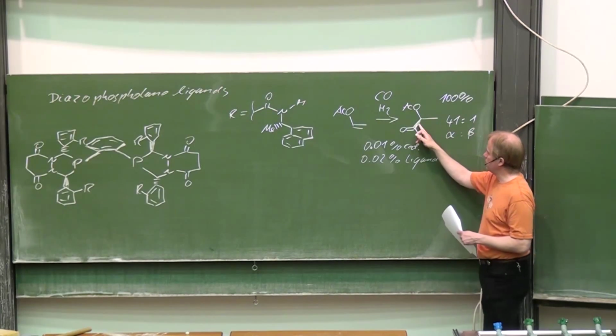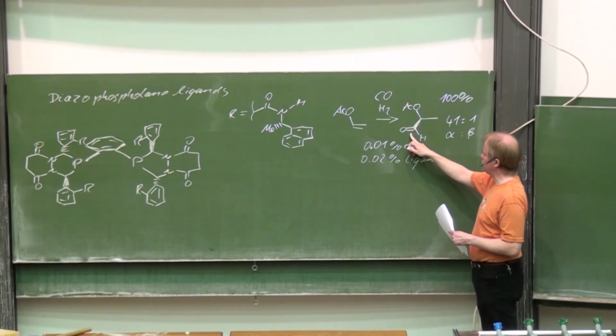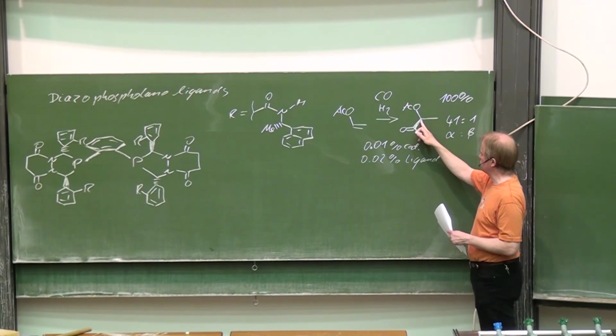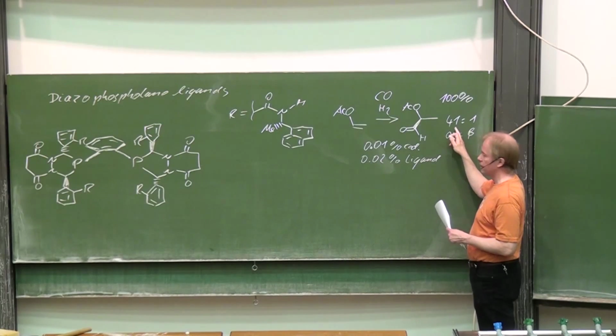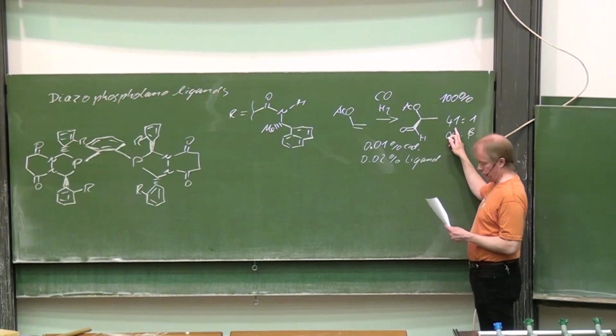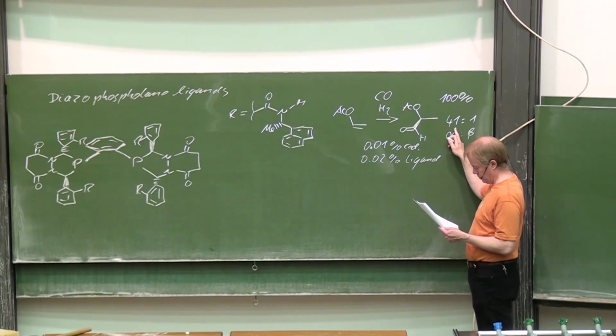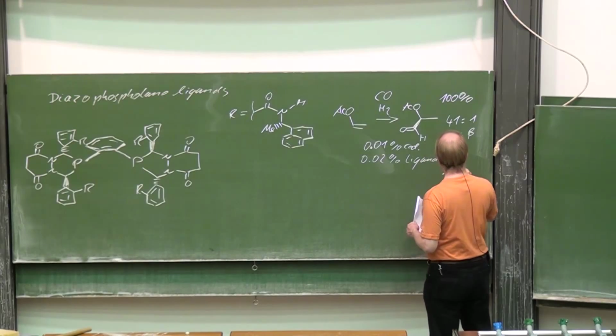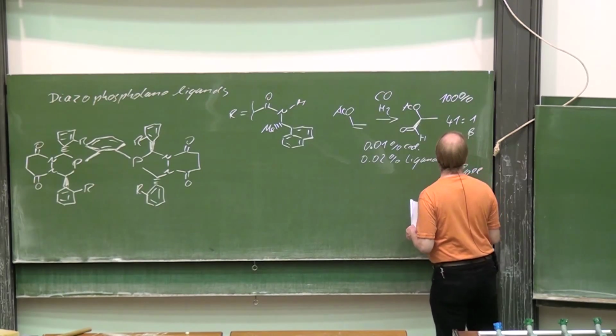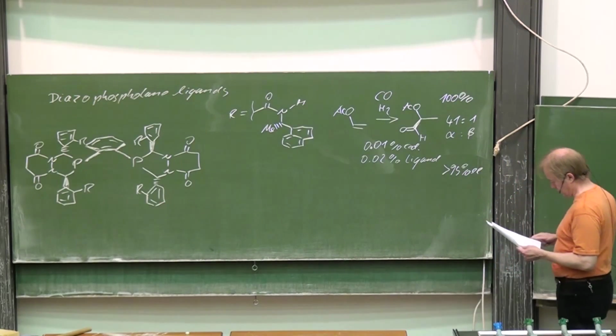So the alpha carbon, the formyl group in alpha position is of course the branched one, and the linear one is beta. So the chiral one is the major product. And finally, well, it was better than 95% EE, what has been achieved here.